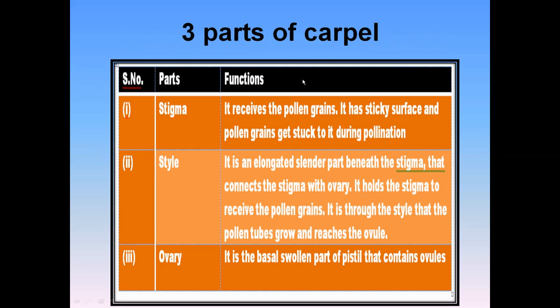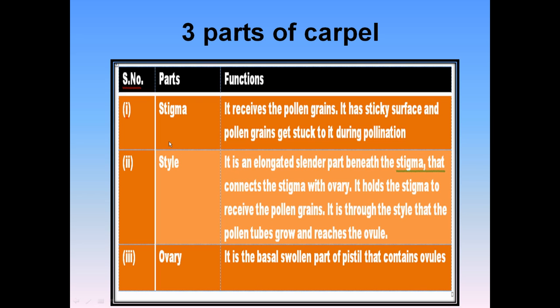Now come to the parts of the carpel. You know, the carpel comprises three important parts, that is stigma, style, and ovary. Stigma, as the word suggests, has some sticky fluid for the catchment or for receiving the pollen grain on its surface. So this structure is meant for receiving the pollen grains which are present in the outer environment, by the process of pollination.